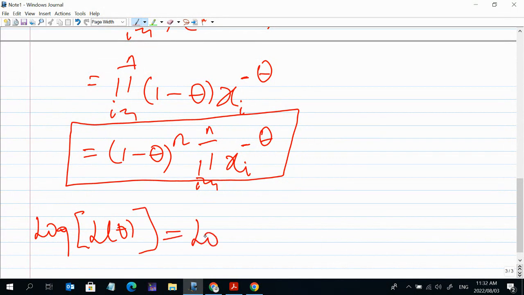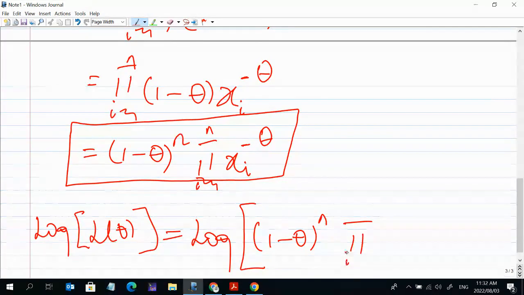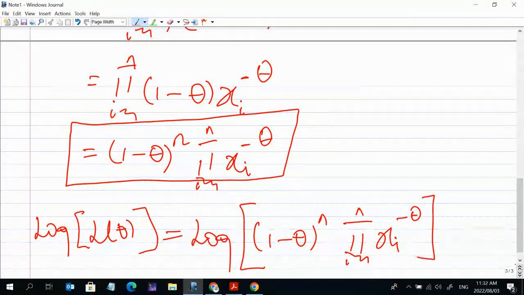That log will be the log of (1 minus theta) to the power n, times the product of xi to the power minus theta.